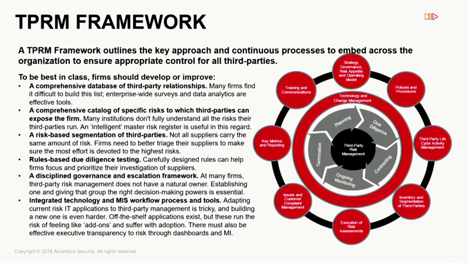This is something that sometimes goes unnoticed, and maybe the vendor still has access to your data and systems even though he is no longer providing you services. Then the second circle is technology and change management.